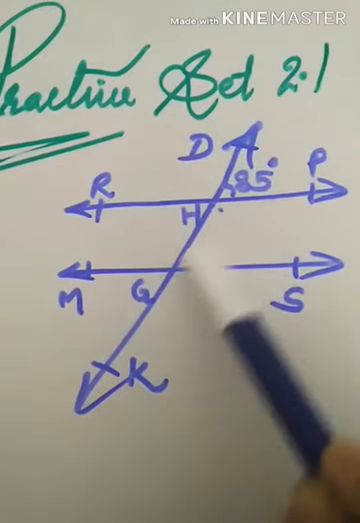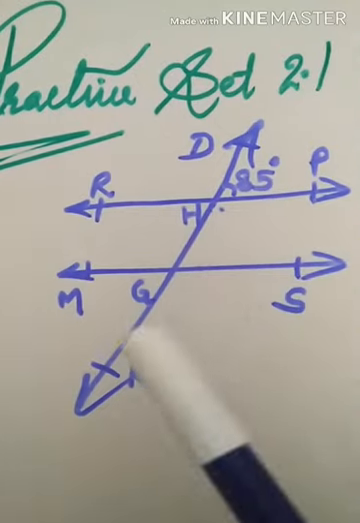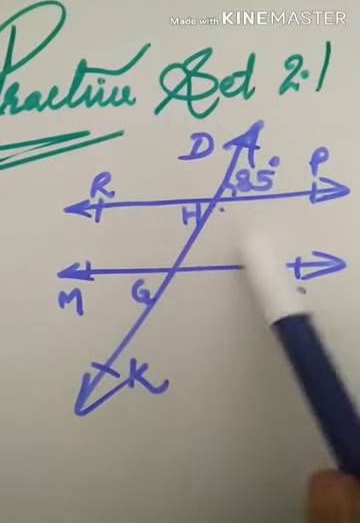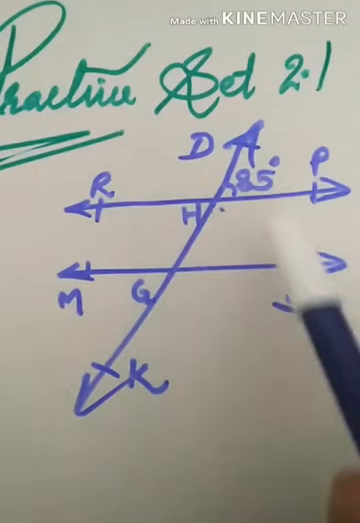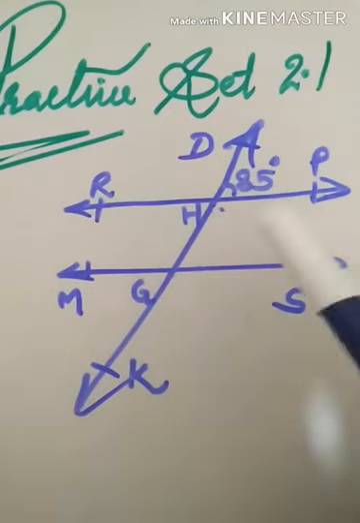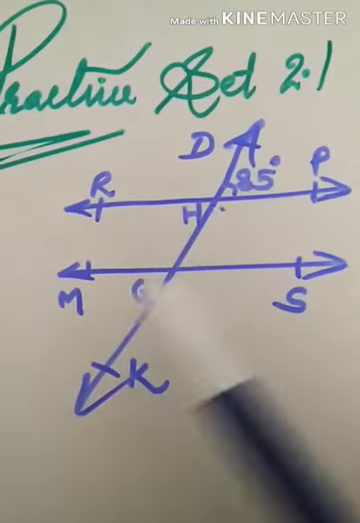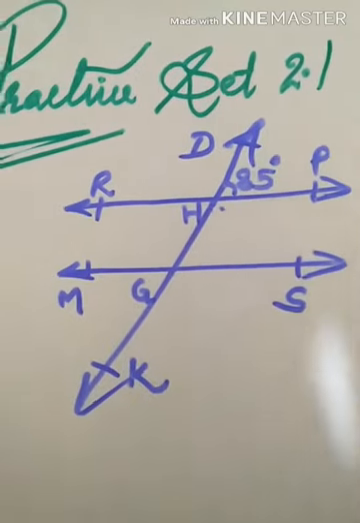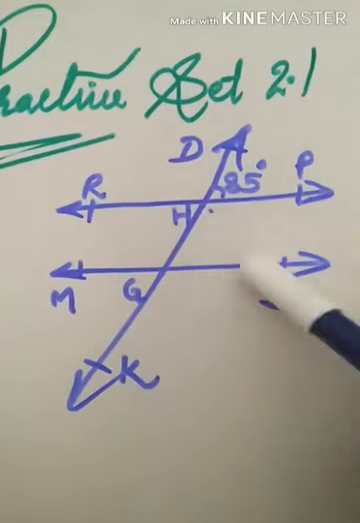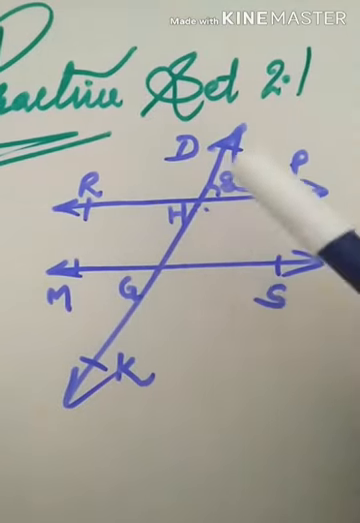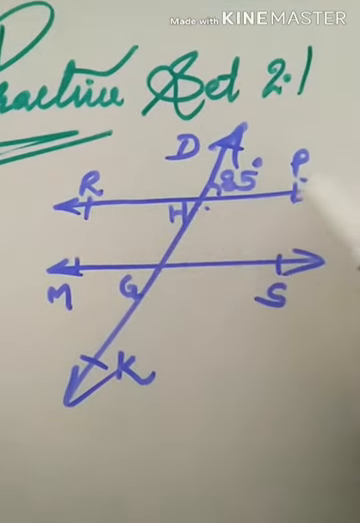This will happen only when the lines are parallel. If the lines are not parallel, they may or may not be congruent. When the lines are parallel, corresponding angles are congruent, alternate angles are congruent, and the sum of interior angles makes 180 degrees.